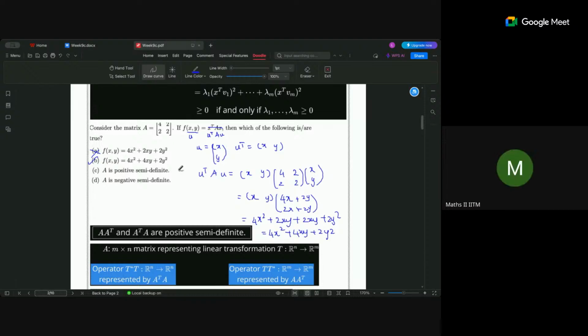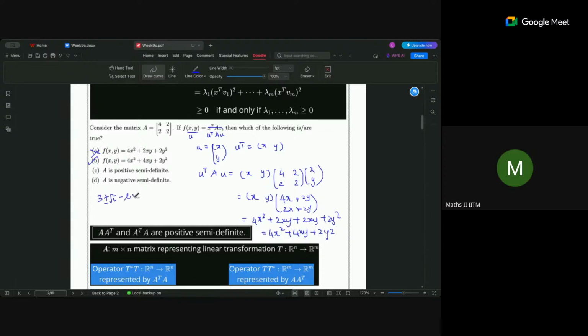So what are the decimal values for it? Approximate decimal values. What is root 5? So the eigenvalues you have got are 3 plus or minus root 5, right?